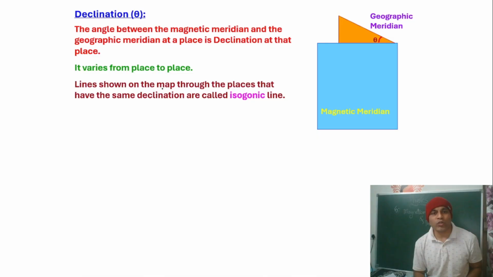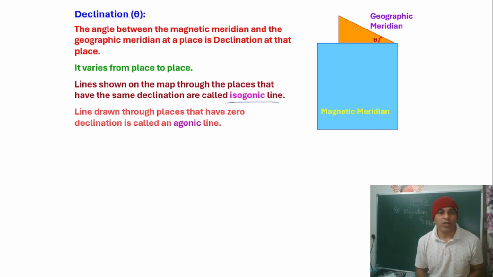Lines shown on the map through places that have the same declination are called isogonic lines, and lines drawn through places that have zero declination are called agonic lines. So whenever theta is equal to 0 degrees, it is agonic.